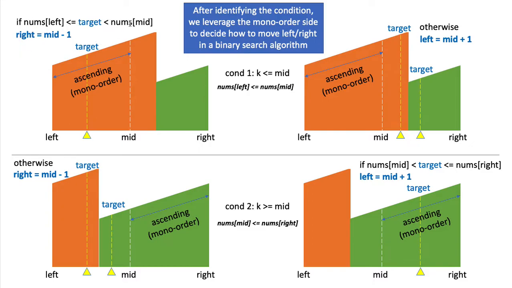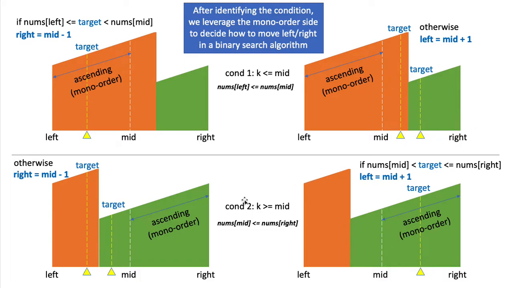If this condition is not true, then we know the index for the target must be on the other side of mid. In this situation, we will move left equals to mid plus 1. Note that we cannot just compare target versus nums mid because target can be larger or smaller than nums mid, although the index for target is on the right-hand side of mid.